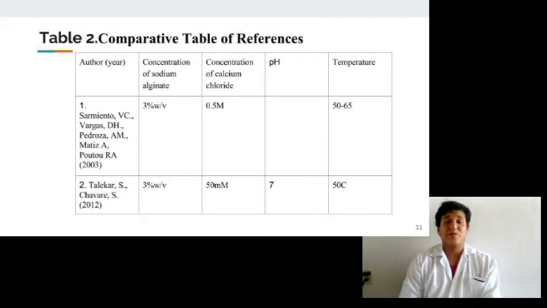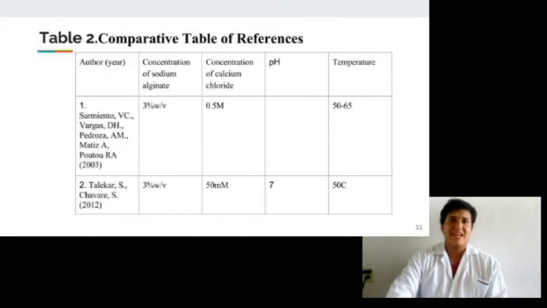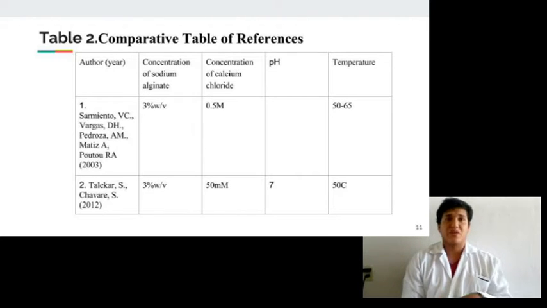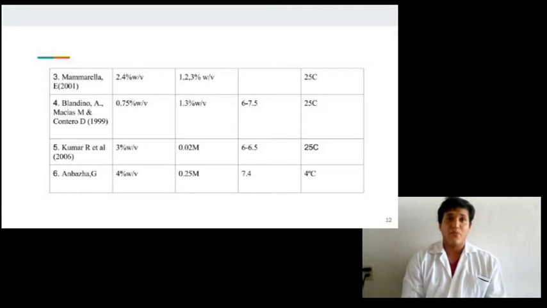For this practice, we read some articles. The most important for us is the one written by Sarmiento, which says that the optimum concentration of alginate is 3%, and the calcium concentration is 0.5 molar.